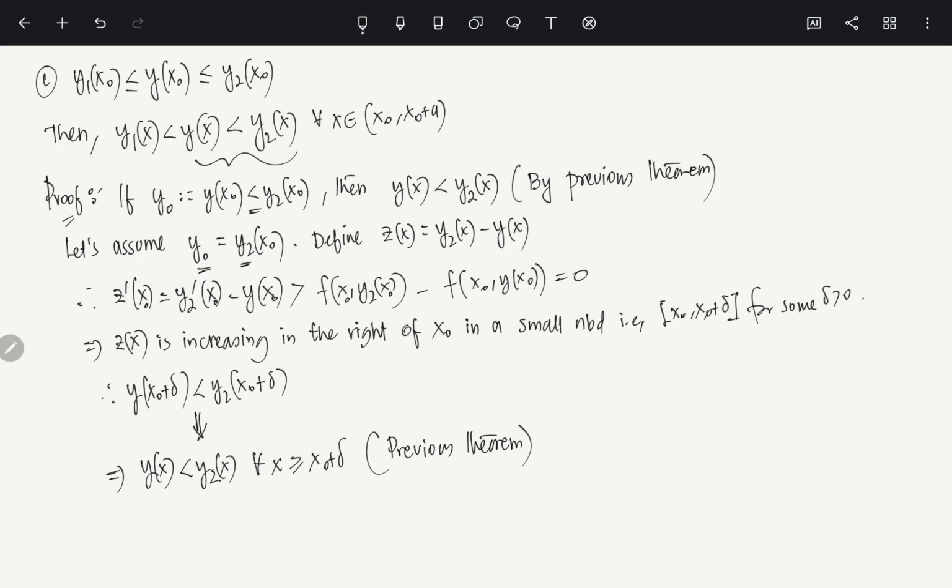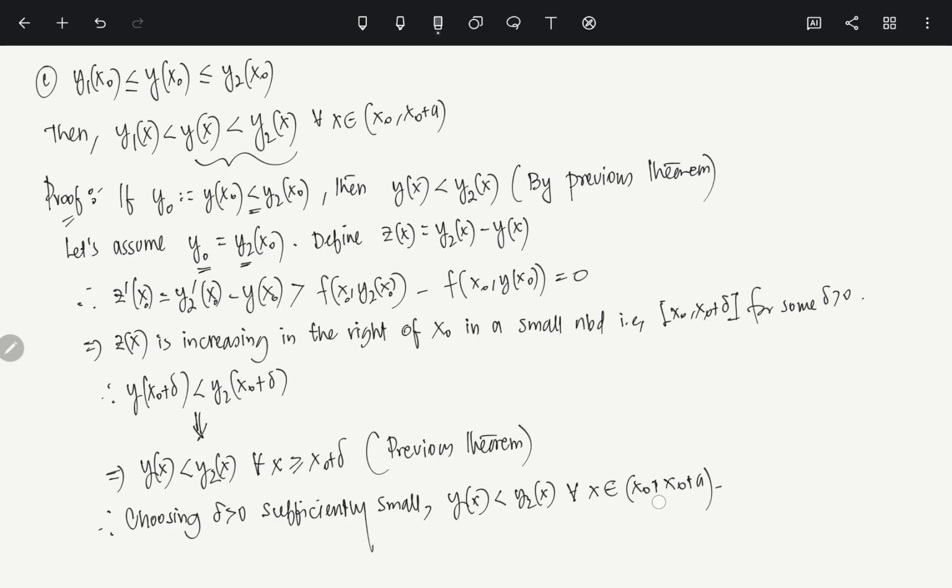Therefore, choosing delta greater than 0 sufficiently small, one has y of x strictly greater than y2 of x, for all x between x naught and x naught plus delta. Clear? So this is true.